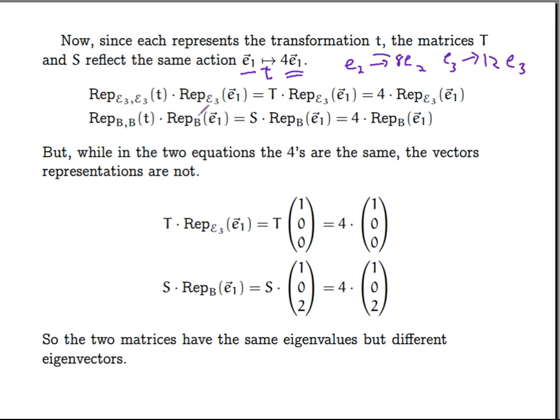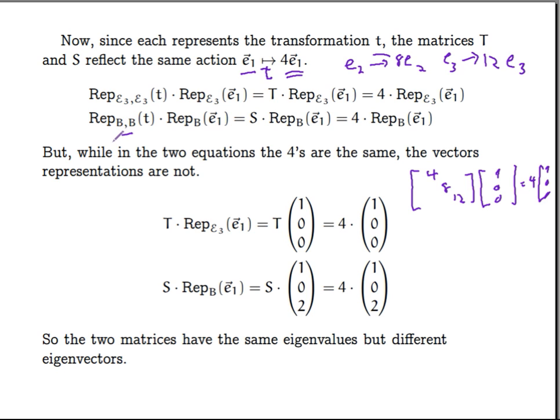Let's express this same relation in terms of the B basis. We're representing the same transformation, so the same result holds, but the way it's represented is different. The coordinates of representation are different. Okay? So if we represent the T transformation with respect to the B basis and multiply that by the representation of E1 with respect to the B basis, that should give us the same result on the representation of E1 with respect to the B basis.